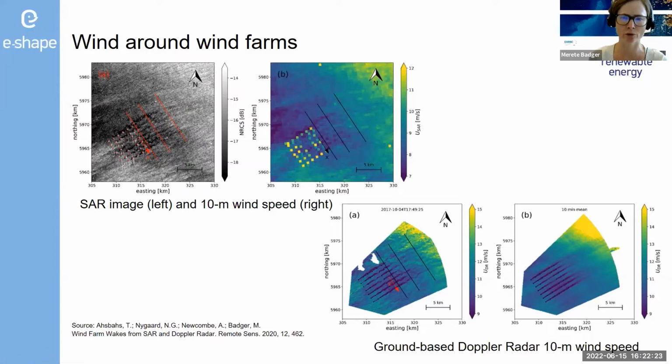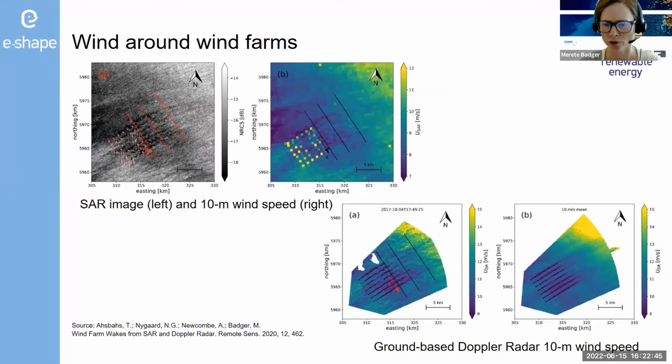When we convert to a wind field to the right of this map, you can see that this dark area remains as an area with lower wind speed. This is because of the wind farm wake effect, the fact that the turbines are extracting energy from the wind and creating this area with reduced wind speed downstream of the turbines.